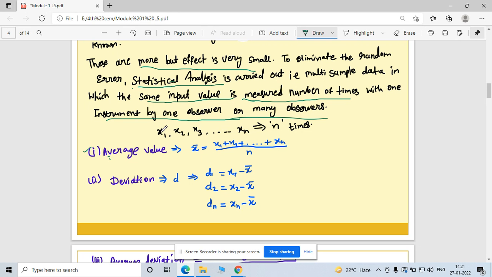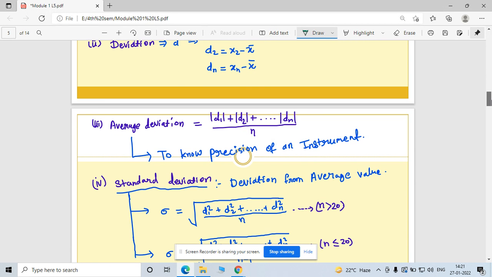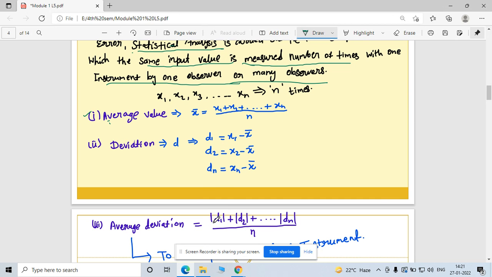For example, the first reading gives you something, and you get an average value. Take the difference of these two. Now deviation may be positive or negative, depending on the reading you take. The average deviation is the sum of all deviations divided by the number of terms. You need to take the mode, the absolute value, of each deviation.